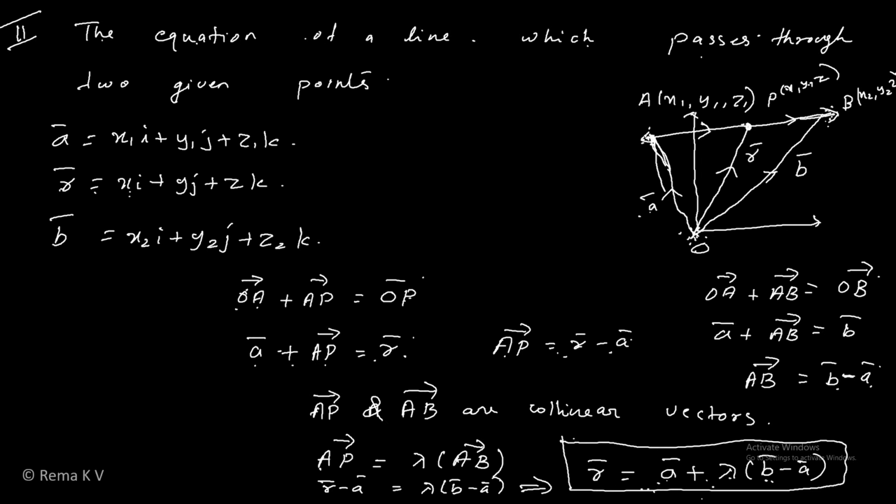And you know that the direction ratios of AB are x2 minus x1, y2 minus y1, z2 minus z1. The same we are writing here, B minus A, which gives (x2 minus x1) i plus (y2 minus y1) j plus (z2 minus z1) k. Is this clear?